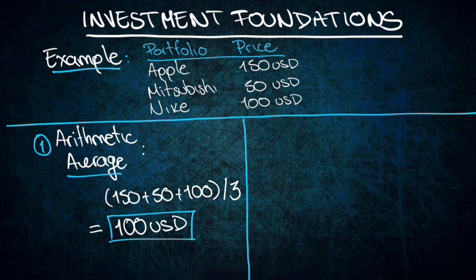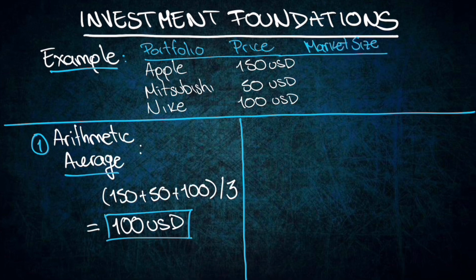On the other hand, we believe that not every company should have the same weight, since they all have different market sizes. The market sizes for these companies are approximately $2,700 billion for Apple, then we'll have $50 million for Mitsubishi, and $190 billion for Nike.